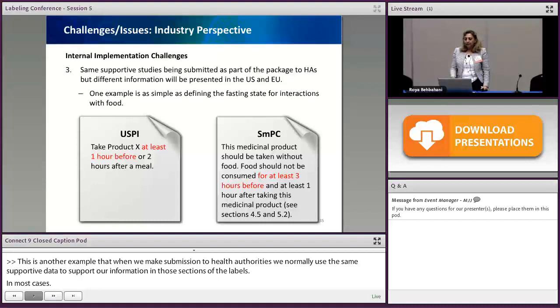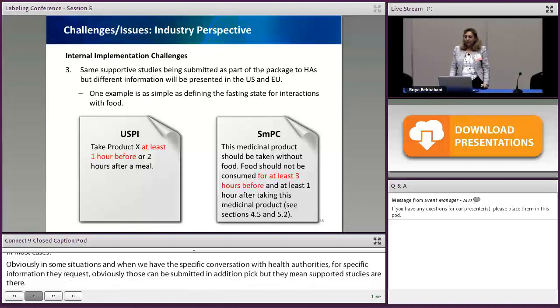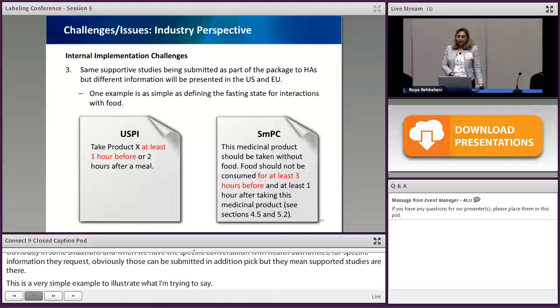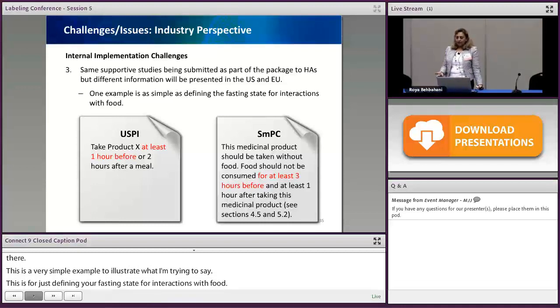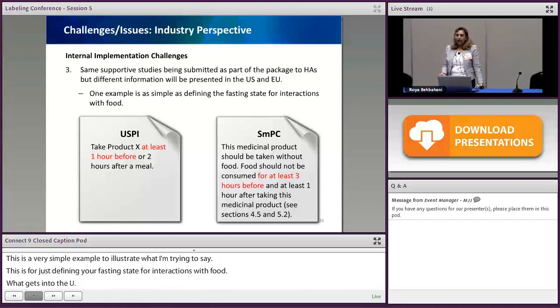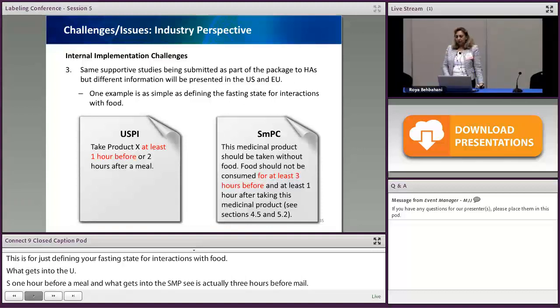This is a very simple example, just defining the fasting state for interaction with food. What gets into the US label is at least 1 hour before a meal, and what gets into the SMPC is at least 3 hours before meals. And when you go back and look at the supportive data that was sent in to support this statement, the study was at least 3 hours before a meal.